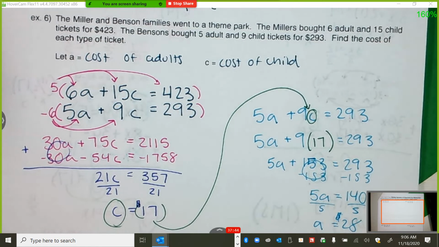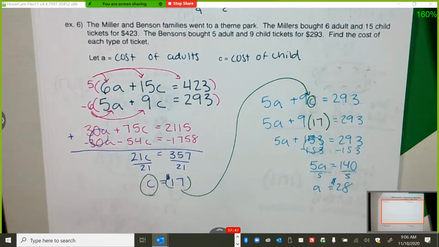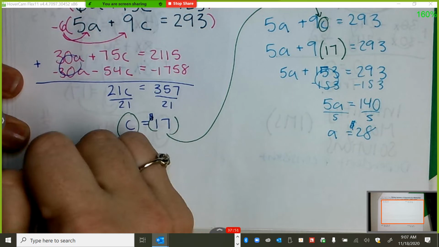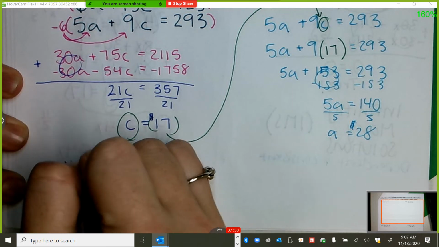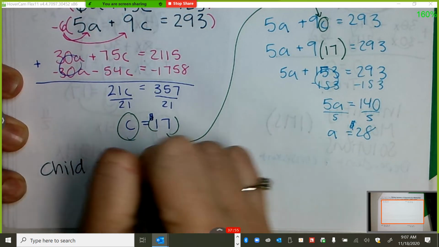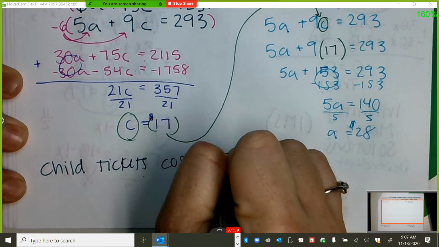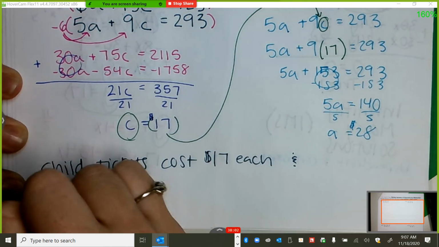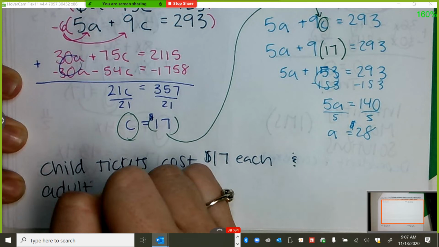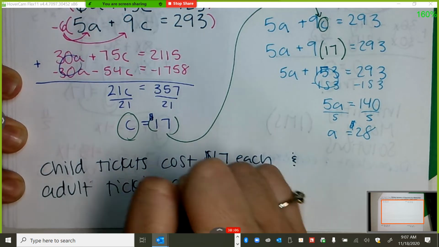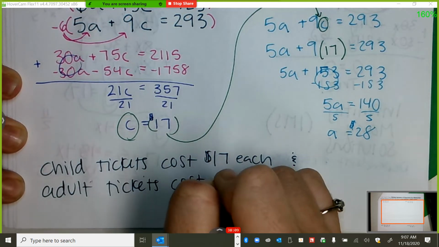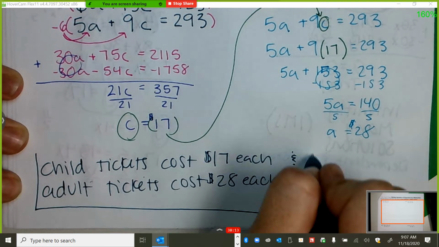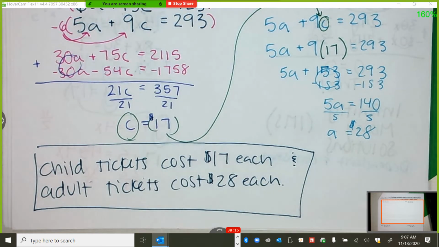So what's the answer to my question? Word problems get word answers.